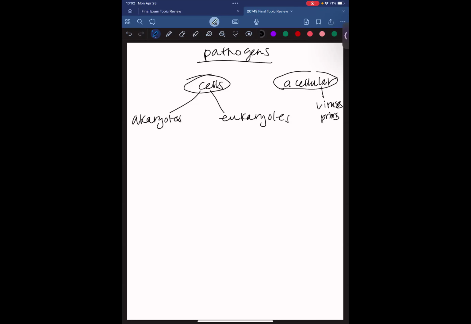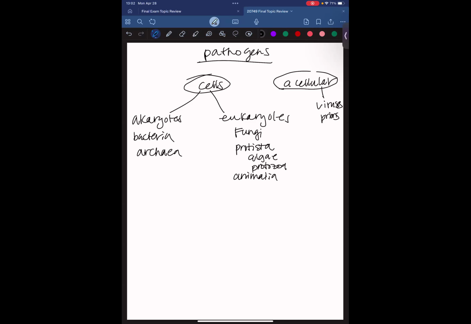Okay, so prokaryotes, these include our bacteria and our archaea, and our eukaryotes. This includes fungi, protista, which includes our algae and our protozoa. And then we also have our animals.